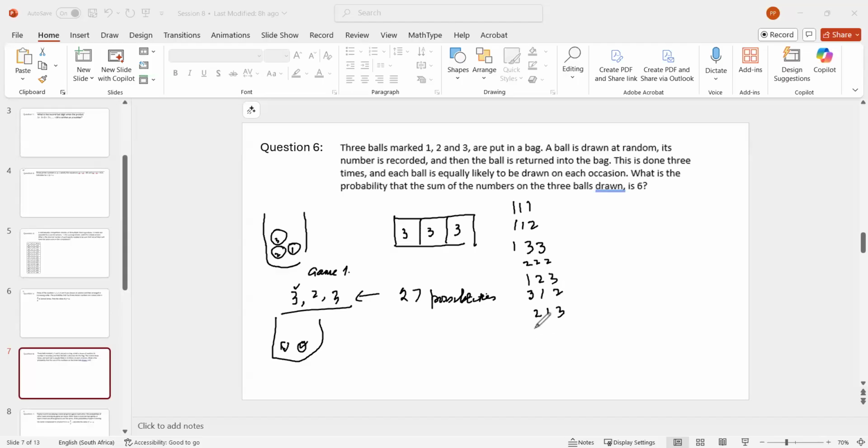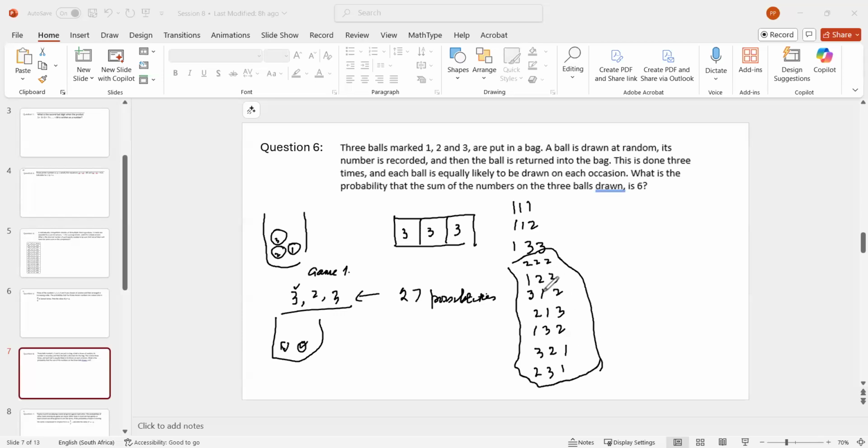So actually there are 6 different ways in which you can arrange this one here. There are 3 factorial ways in which you can arrange 3 numbers. So any one of these will give you a score of 6.